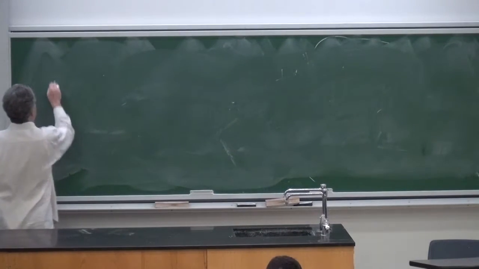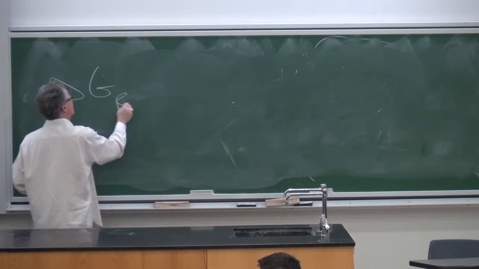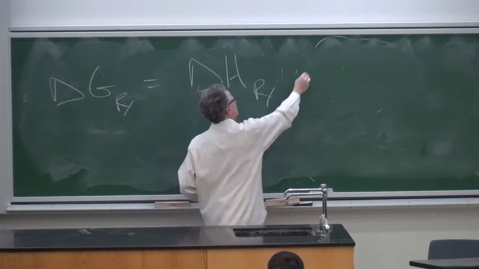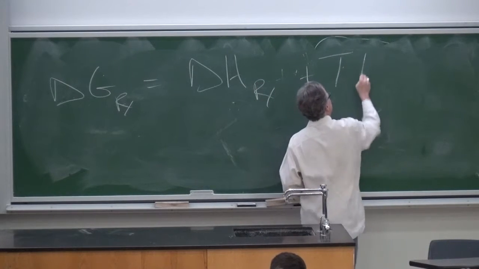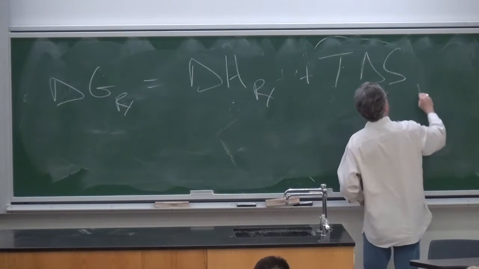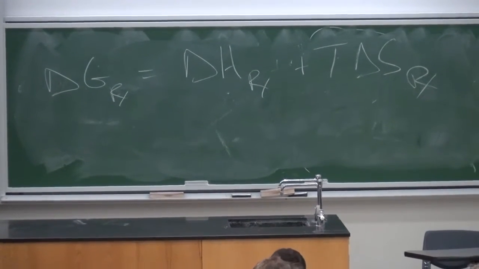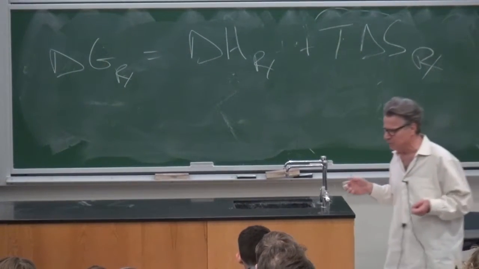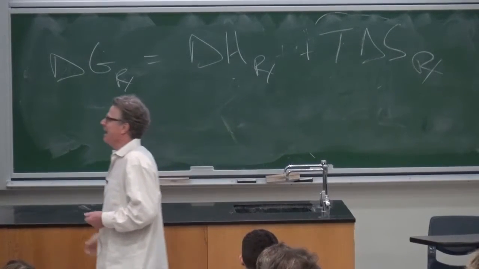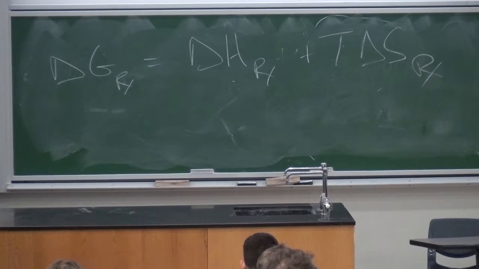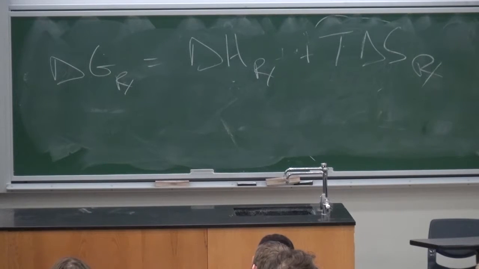Delta G reaction is equal to delta H reaction plus T delta S reaction. Perhaps the most famous equation in all of physical chemistry, right there. I have not asked you to memorize very many equations this semester. In fact, maybe 2 or 3. But everybody should know that equation.